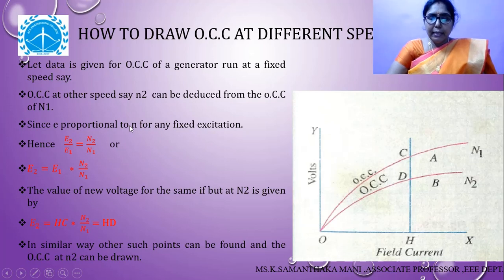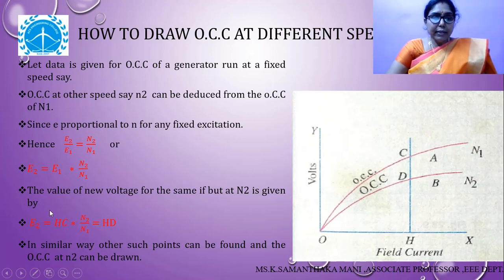Whatever EMF is induced in the generator is directly proportional to the speed at which the generator is rotating. Based on that, we can deduce one equation: E2 by E1 equals N2 by N1. E1 and N1 are concerned with case 1, E2 and N2 are concerned with case 2. So I can deduce the equation E2 equals E1 into N2 by N1. E2 is the unknown voltage concerned with case 2 of speed N2.